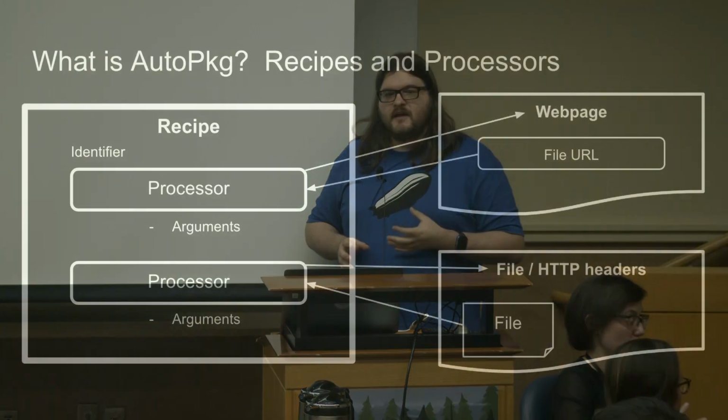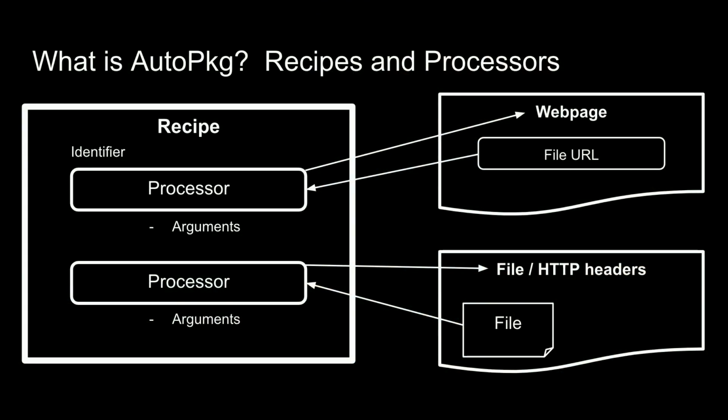So this is kind of a visual representation of how a download recipe works and how all this stuff fits together in AutoPKG. So you have processors inside of a recipe, and you tell AutoPKG to run a recipe through its identifier, and that recipe has this list of processors in it that go step by step.